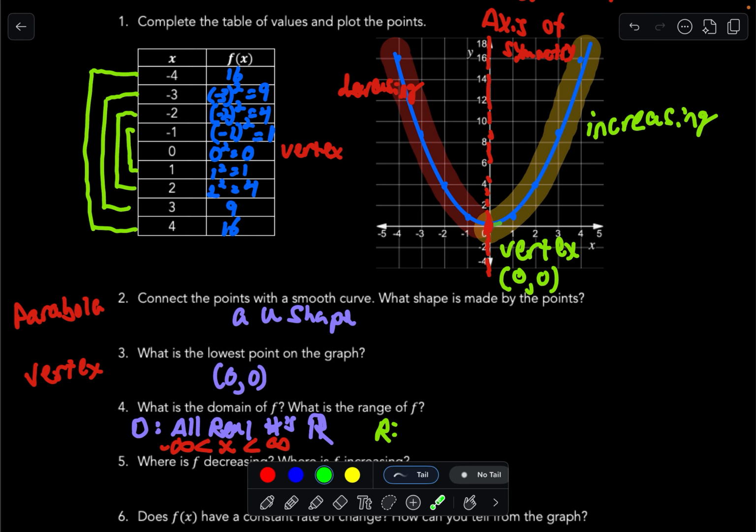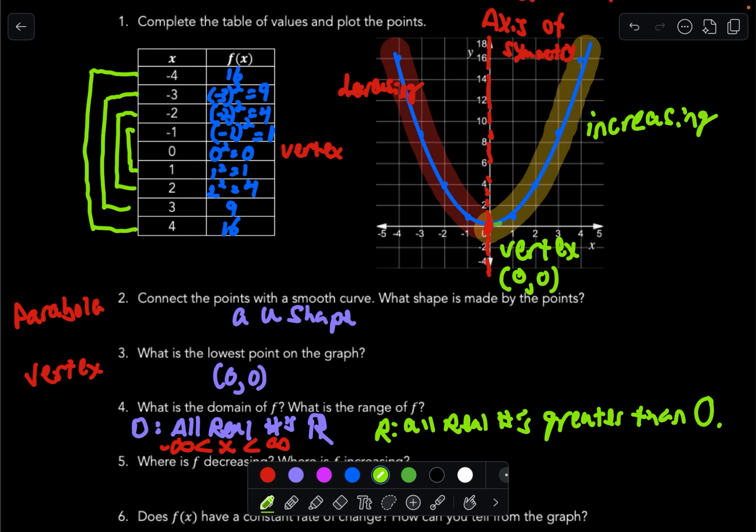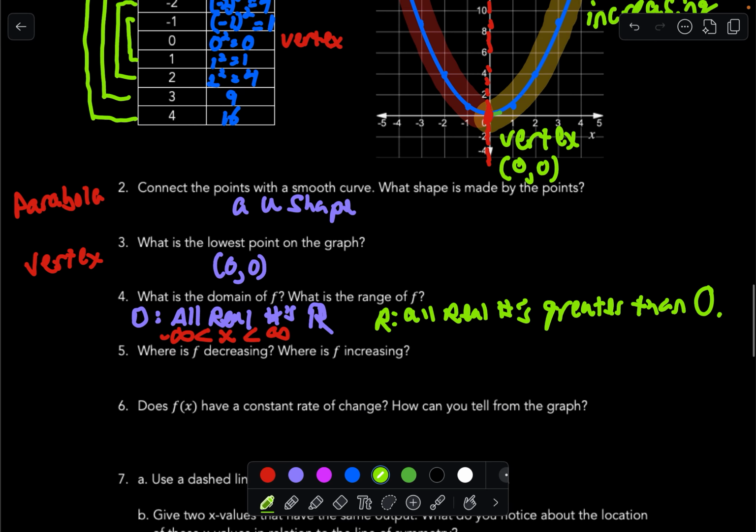So we would say the range is all real numbers greater than 0. Okay, and we can write that as f of x is greater than 0, or y is greater than 0.